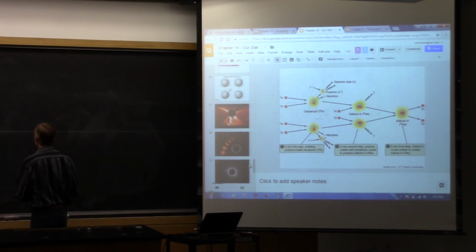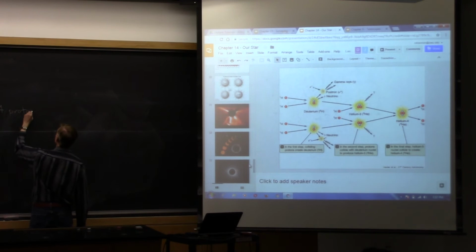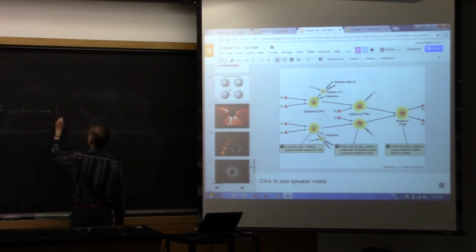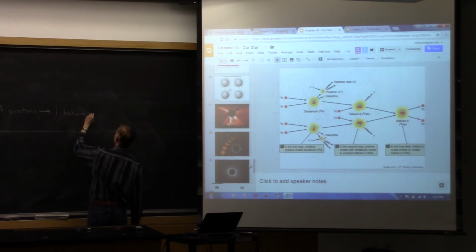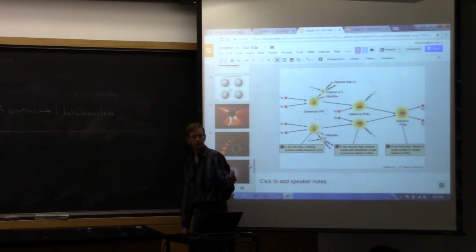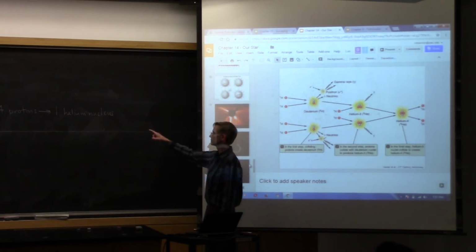So the overall reaction is that 4 protons form 1 helium nucleus. 4 protons form 1 helium nucleus.